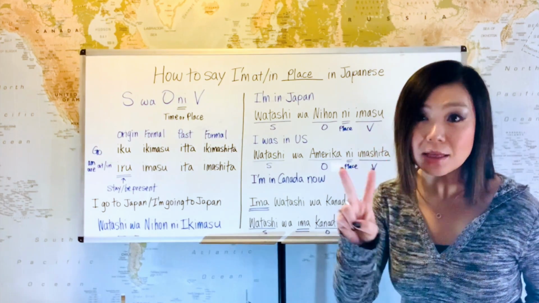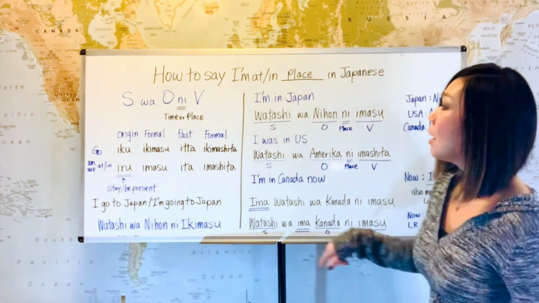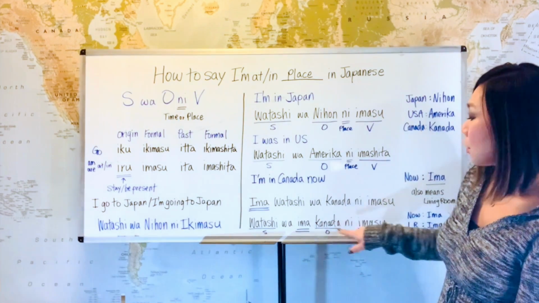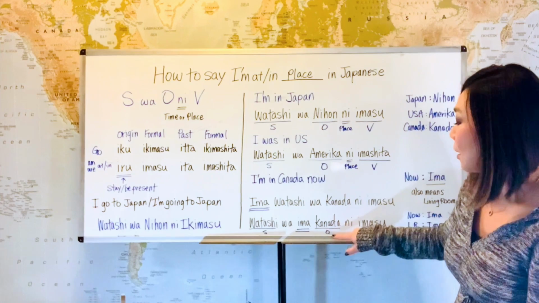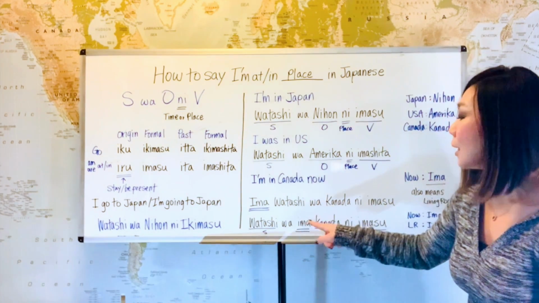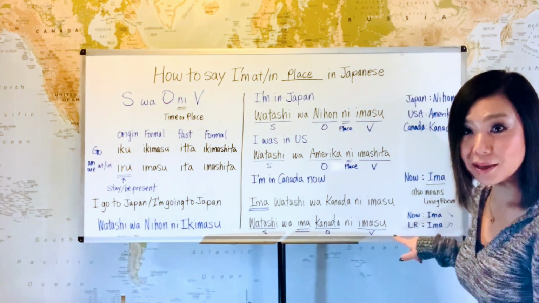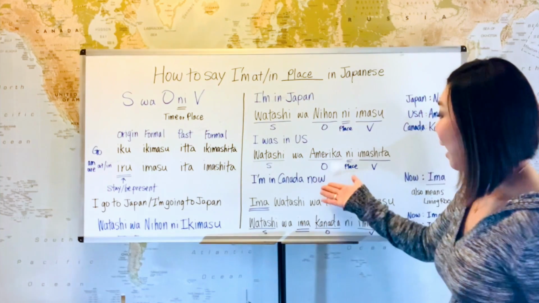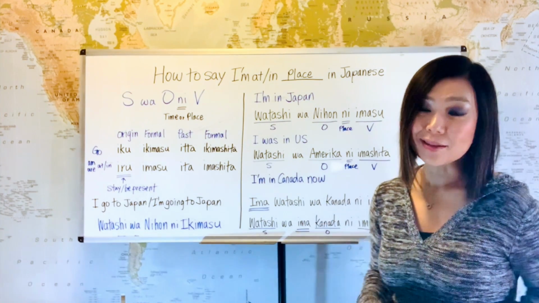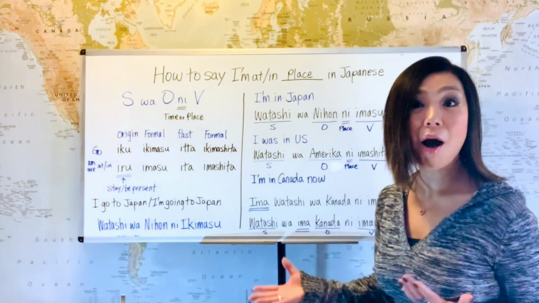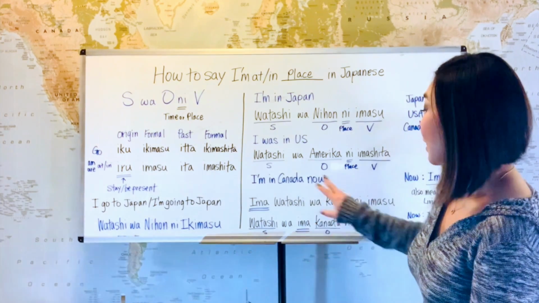And the second spot you can add it is before the object, before the place. That place is Canada, right? So right before it, you can say, 私は今カナダにいます。This sentence is closer to "I'm in Canada now." But you can choose whichever spot you want to use for 今.